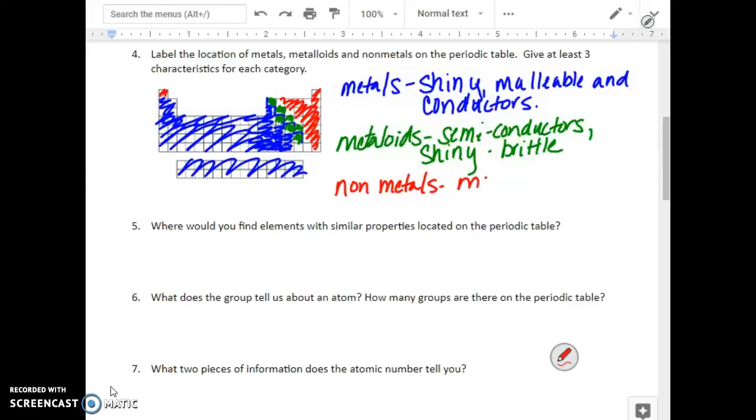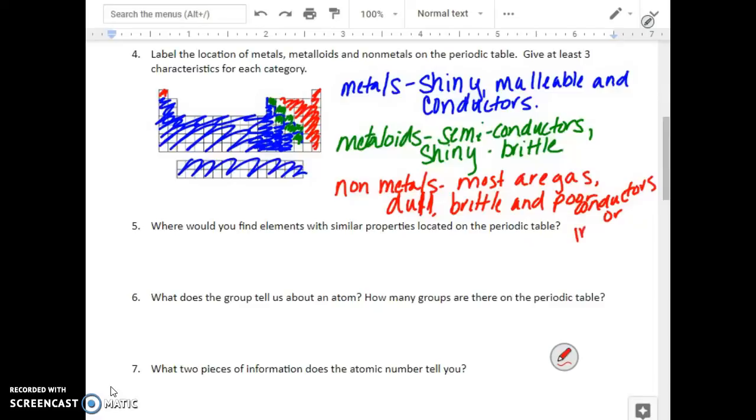Most non-metals are gas, but the ones that are not gas are going to be dull, brittle, and poor conductors, or also called insulators.